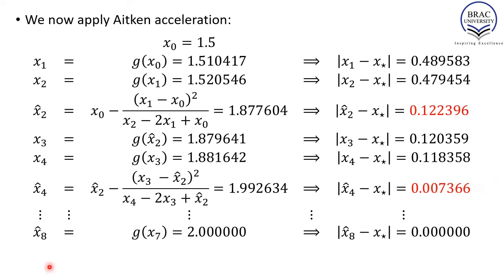We continue this way, and you can see after each iteration we get a desired result. So it is very fast convergence. Okay, that is the effect or implication of Aitken acceleration. So by using this method or technique, we can accelerate the convergence rate for any linearly convergent iteration.